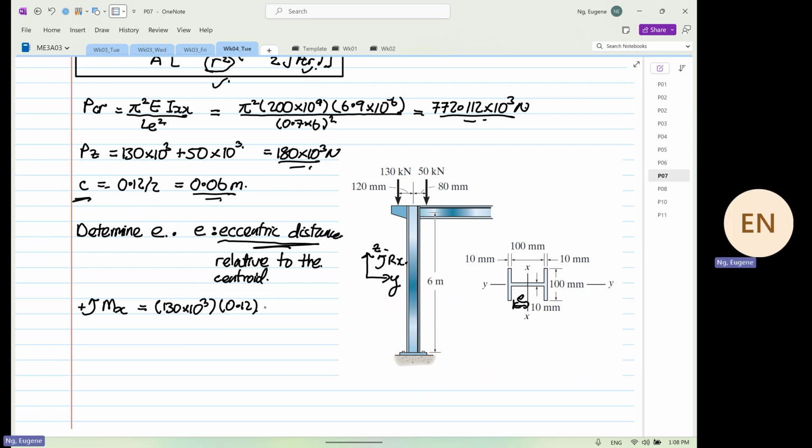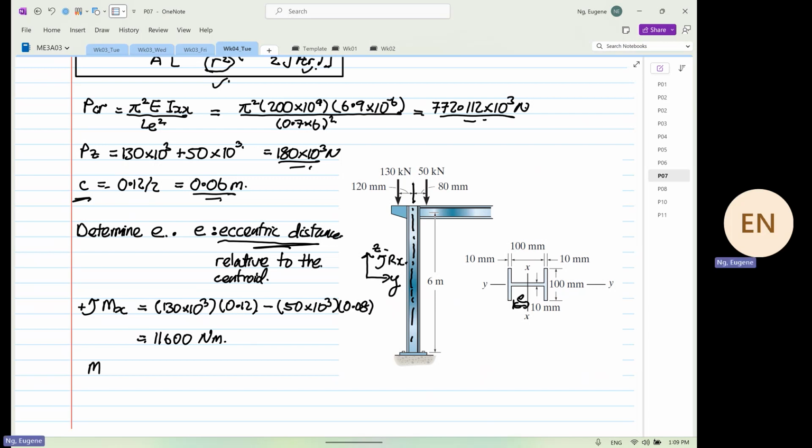And then the next one will be minus 50 times 10 to the power 3 multiplied by a distance of 0.08. Why? Because relative to the centroid, one is going clockwise, the other counterclockwise. So this equals 130 times 10 to the power 3 times 0.12 minus 50 times 10 to the power 3 times 0.08, so you have 1,600 Newton meter.